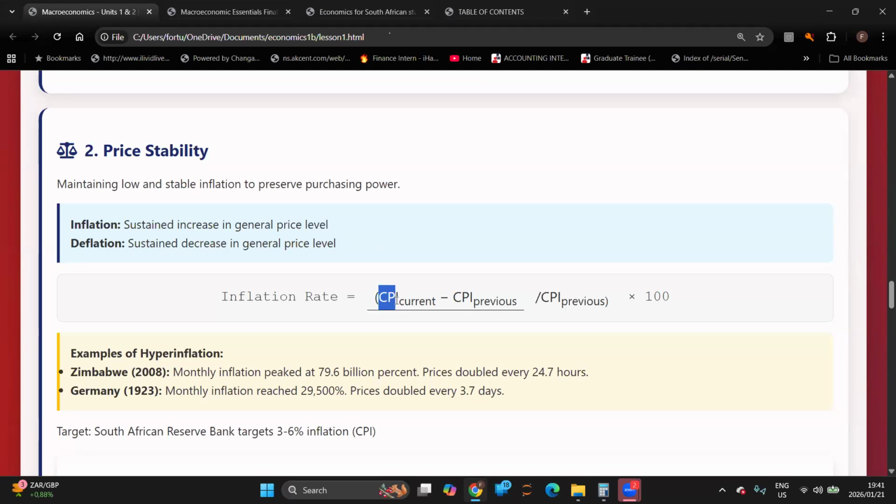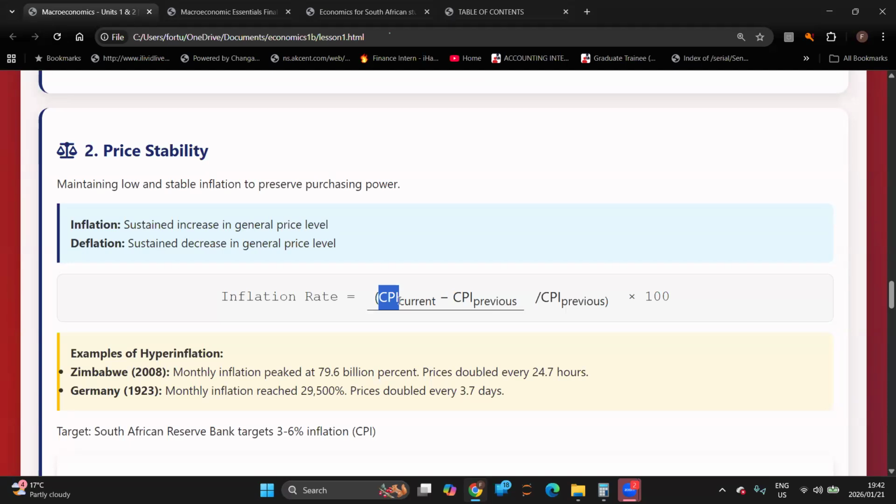So this CPI is the one that tracks what we refer to as a representative basket of goods and services. So they select a representative basket of goods and services in South Africa that is required for an average citizen to have access to in order for them to live a decent standard of living.